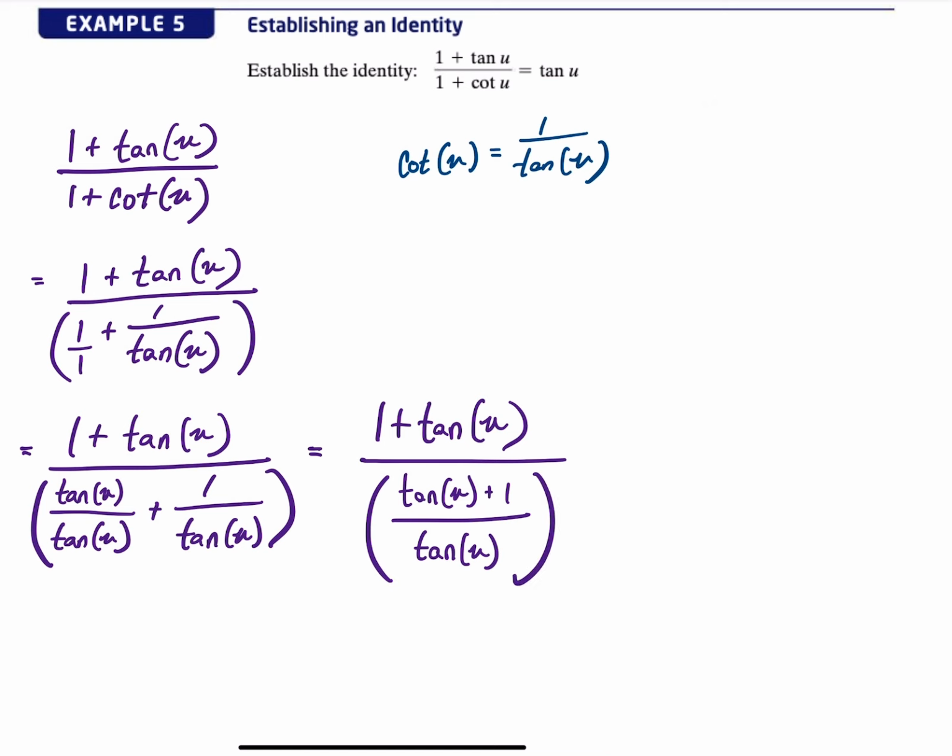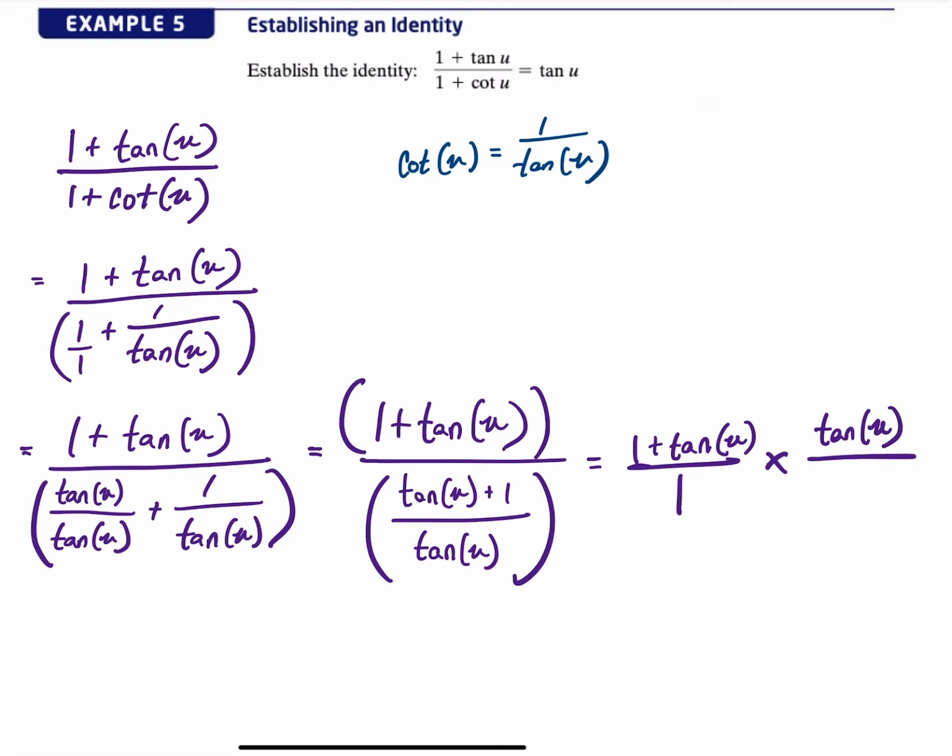So it still looks pretty messy, but we can view this as a division of two fractions. The numerator is like 1 plus tangent of u over 1. That's this term. And we're dividing by the second fraction, so let's flip it and then multiply. Division of two fractions. This will multiply by the tangent of u on top.